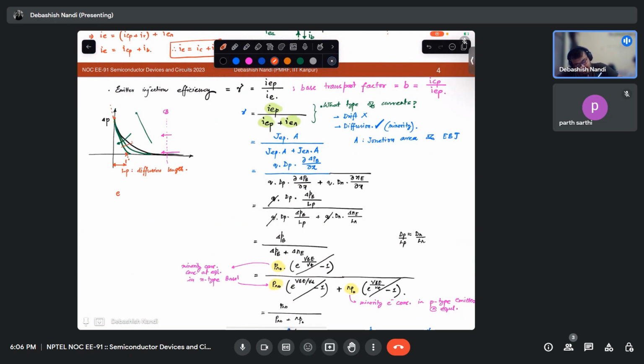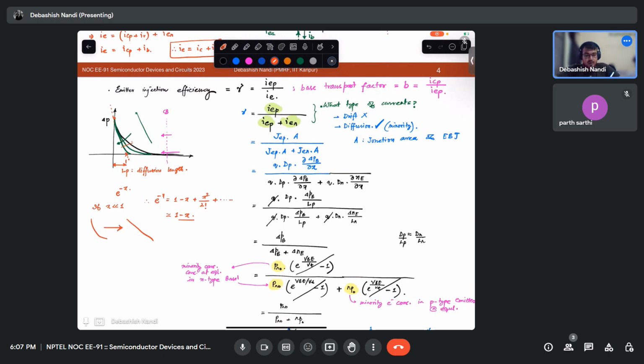Suppose you have an e to the power minus x kind of profile. If x is much less than 1, then if you Taylor expand e to the power minus x, you can write it in the infinite series form. So if x is much smaller, you can approximate it to be 1 minus x, and that is your linear profile. So exponential becomes linear when x is much smaller.